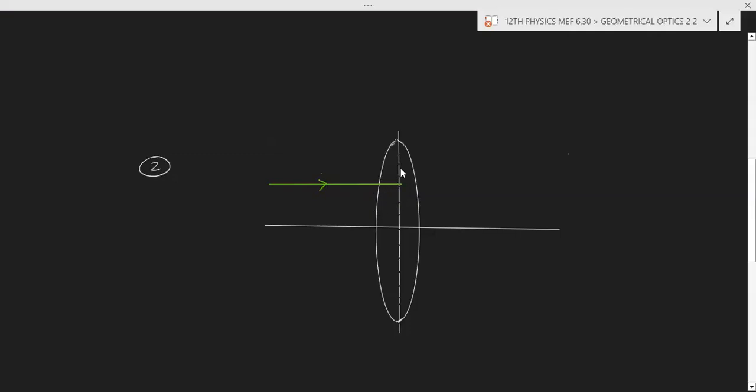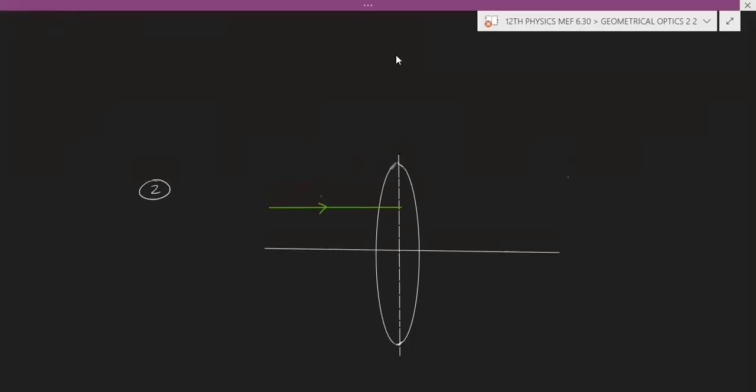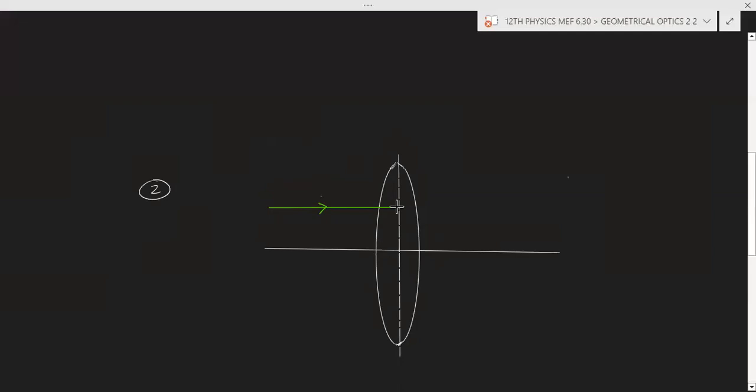After passing through the lens, this ray of light will pass through a point, which is the principal focus of the lens. The principal focus of a convex lens is also the second focus we discussed in the last class.